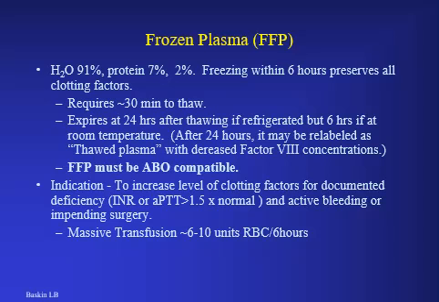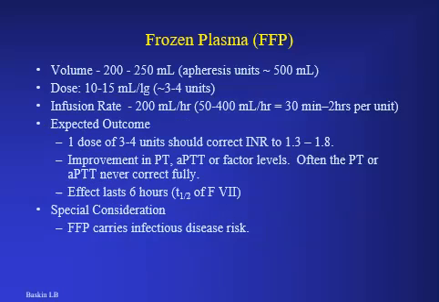The FFP has to be ABO compatible, and its indication then is to increase the clotting factors for documented deficiencies, and that would include an INR that's greater than 1.5, or 1.7, 1.8 in some cases, or a PTT that's greater than 1.5 times normal, with active bleeding or an impending procedure.